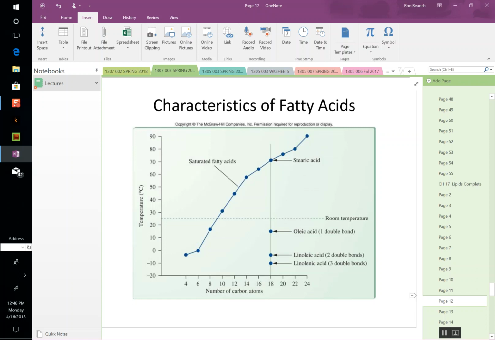Oleic acid, 18 carbons long, about the same molecular weight, same size molecule. You would expect it to have a similar melting point, nothing similar about it. You put a double bond in there, and it drops that melting point down to about 15 degrees centigrade. So it's dropping 50 degrees. One double bond.